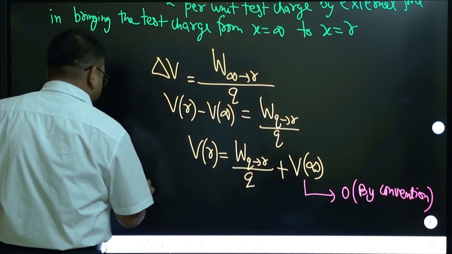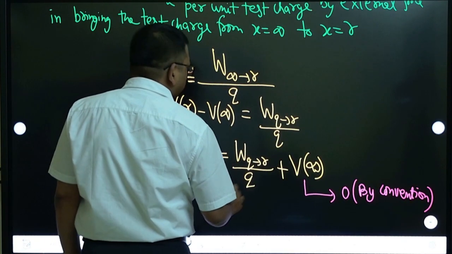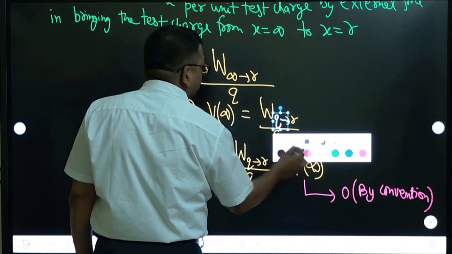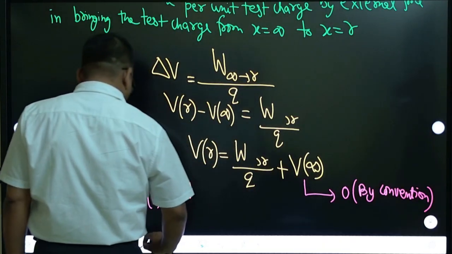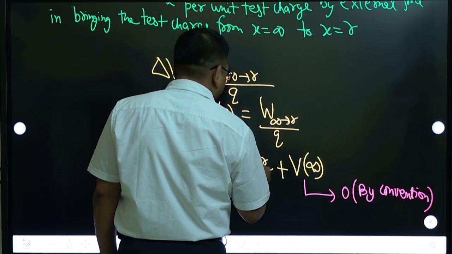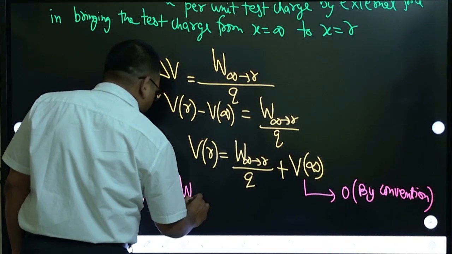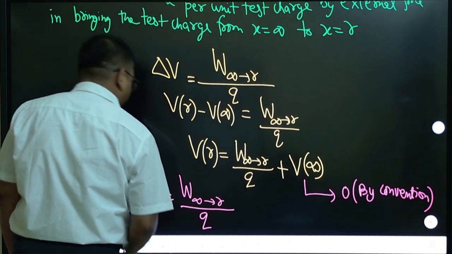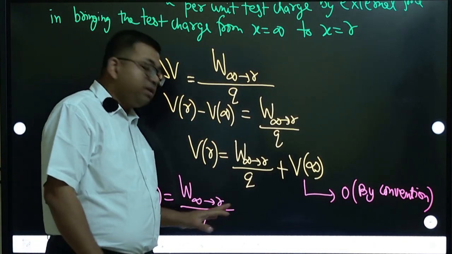So potential at a point will be equal to the work done in bringing the test charge from infinity to that point, divided by the charge q, which can also be written as potential energy by charge.